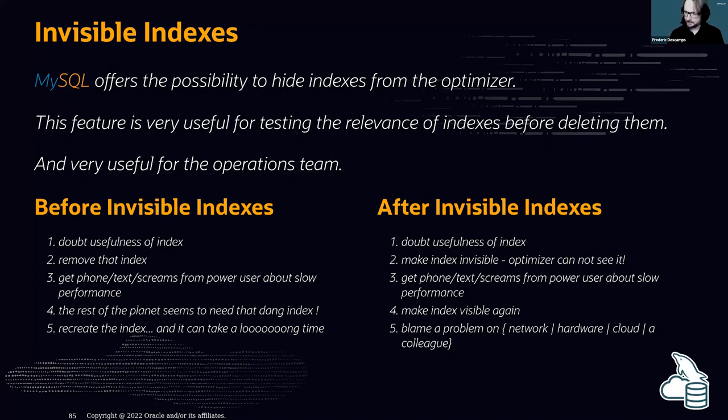With an invisible index, if you think the index is not useful, you can make it invisible, so the optimizer won't use it, but it will keep updating it. So if somebody calls you and says, oh, there is a big issue here, it's slow, you make the index visible again, and then you just blame a networking problem or something like that, and your DBA job is easy and cool, right? So invisible indexes are very useful for this.